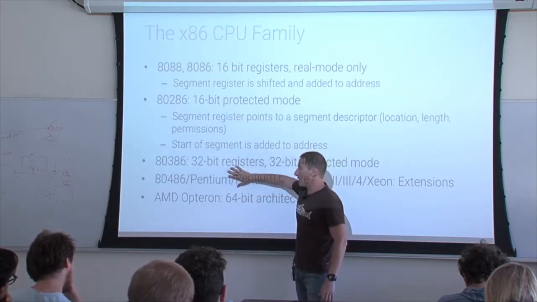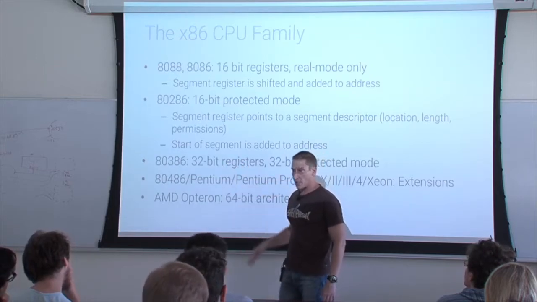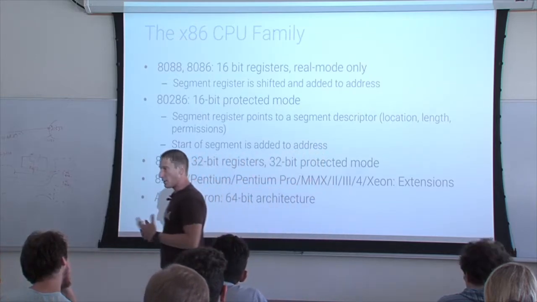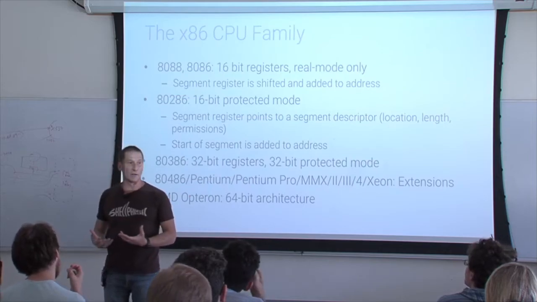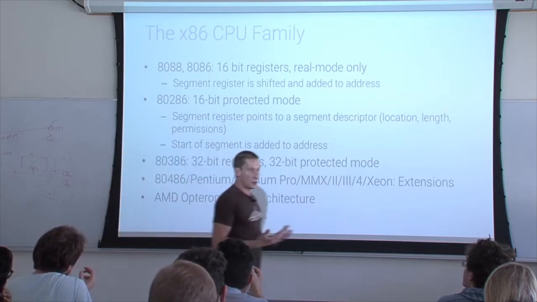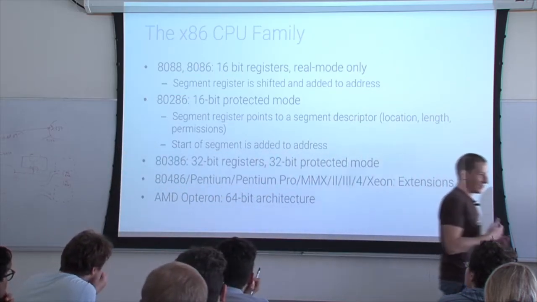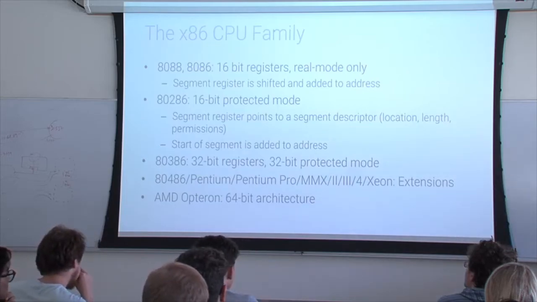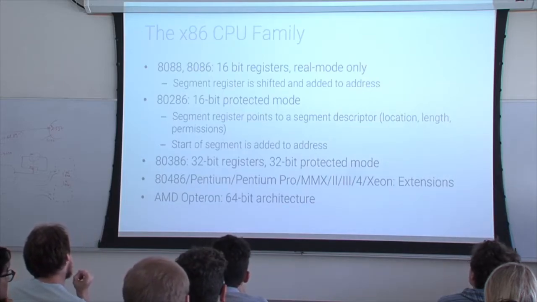The 32-bit is still very present, especially now with all this Internet of Things. There are a lot of small devices that run with a 32-bit architecture because they don't need the power and the cost of 64 bits.